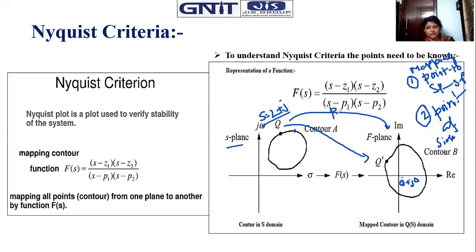As we can say, it is basically s minus j1. So it is a phasor representation. While it is represented in the F(s) domain, the F plane, it will basically form a contour.